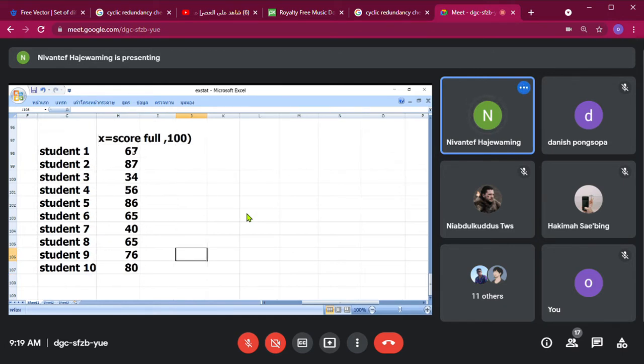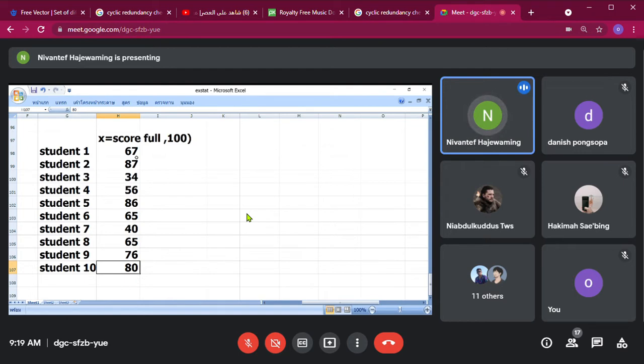The scores are 67, 87, and so on, out of a full score of 100. You can see this from your data. If you have these scores from an examination, homework, or any assignment, and you are a teacher, you will put a grade on each student.